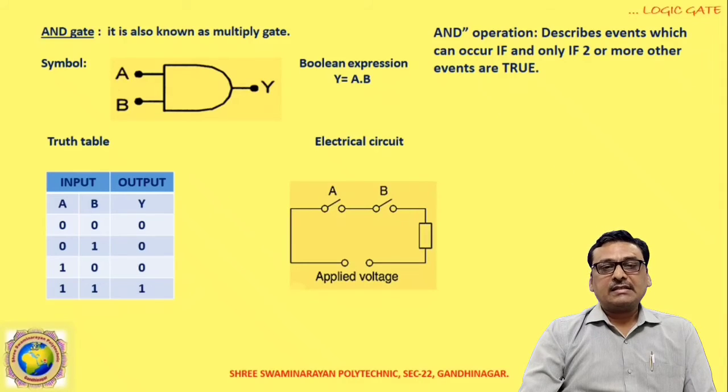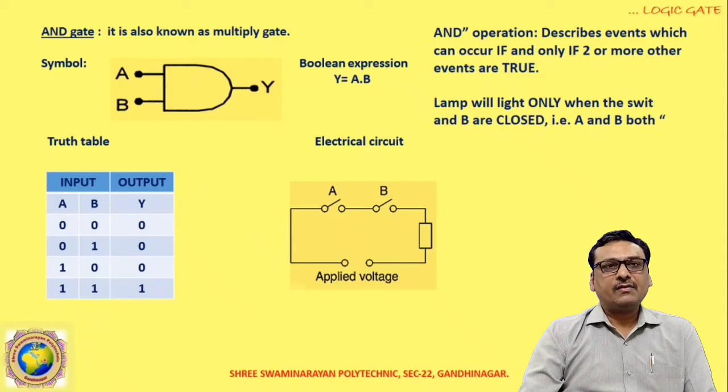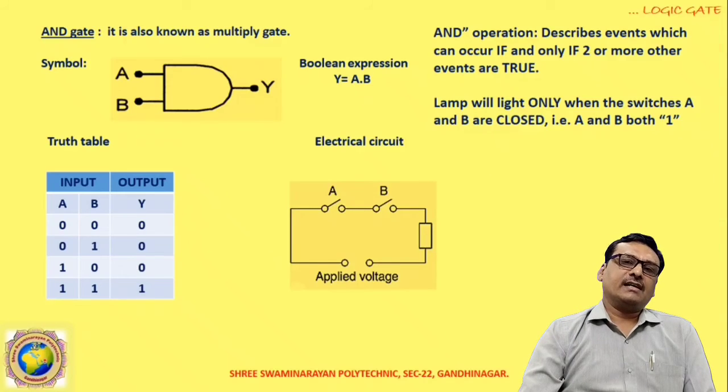So the main characteristic of the AND gate is that only if two or more events are true, that is, only if A and B are at a high level or 1, then the output will be available. So the lamp will light only when switches A and B are closed, meaning A and B are both logic 1. So this is our AND gate.